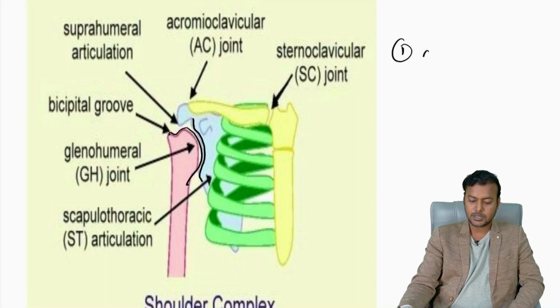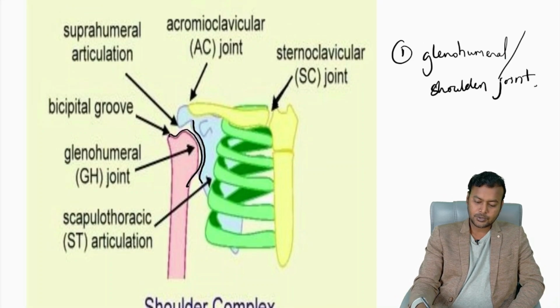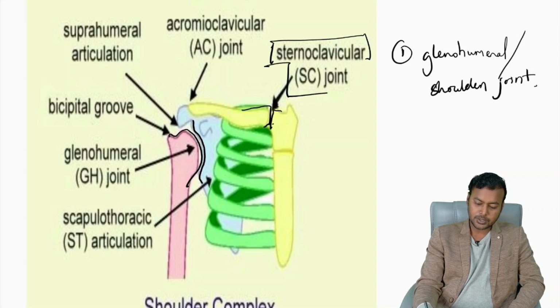This is known as the glenohumeral or the shoulder joint. Then the joint between the clavicle and the sternum is known as the sternoclavicular joint. Between the acromion and clavicle, we already discussed, it is the acromioclavicular joint.